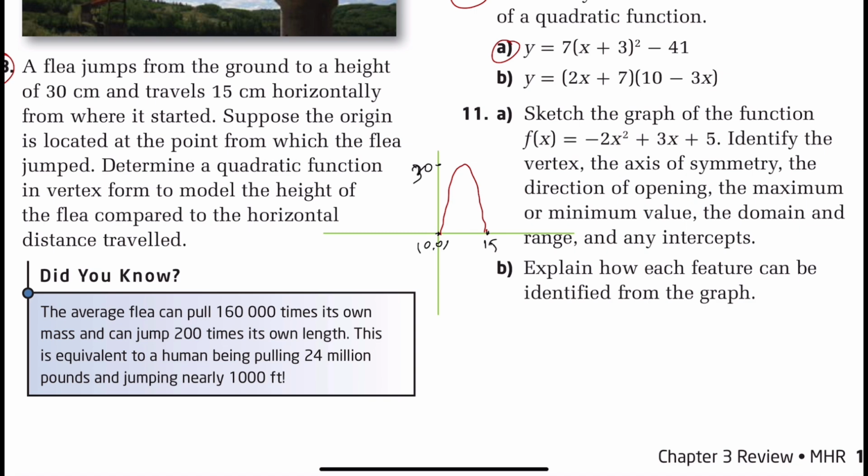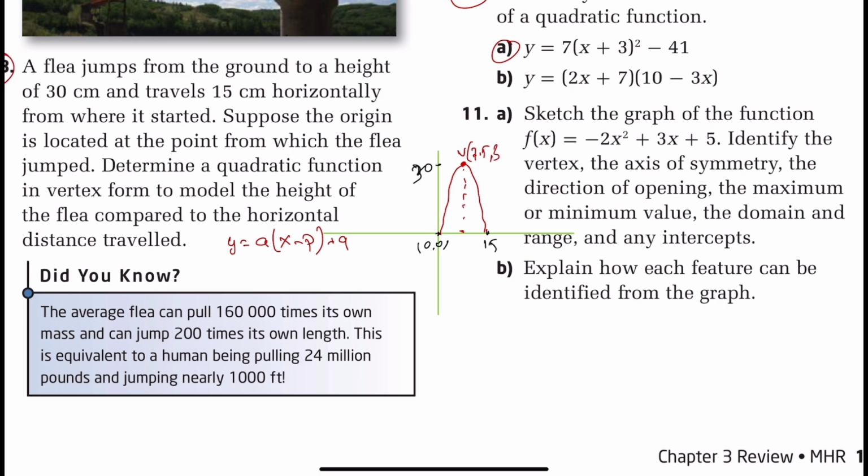So my equation will be like this: y is equal to a times (x minus p) squared plus q. And my vertex, so this is the vertex. The vertex is at what point? X is 7.5, which is half of this, and y is 30.